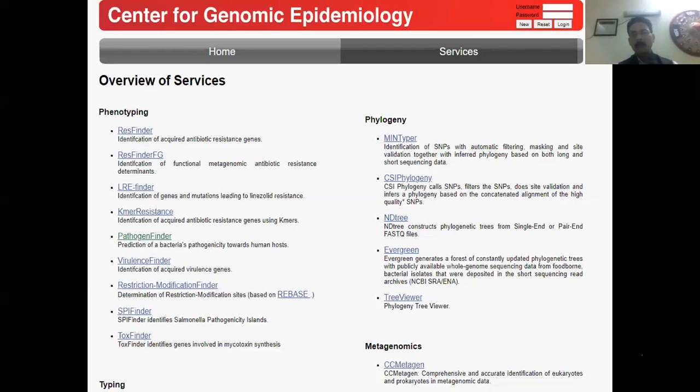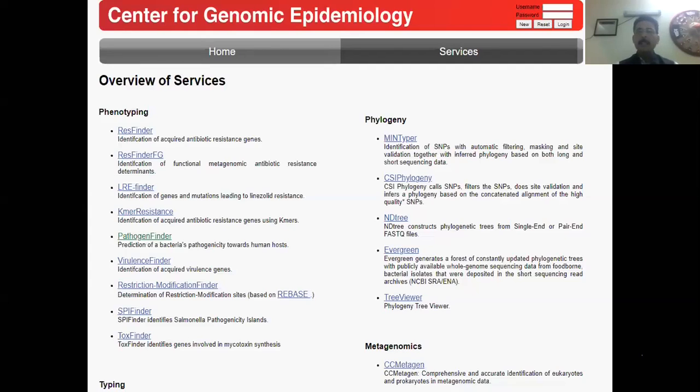Suppose you have got a sequencer, you are sequencing a complete genome of a particular microorganism, then without knowing anything about the sequence and assembly, analysis and interpretation, just the raw data that you obtain from the sequencer, what we call as reads, the raw reads can be uploaded to the site.